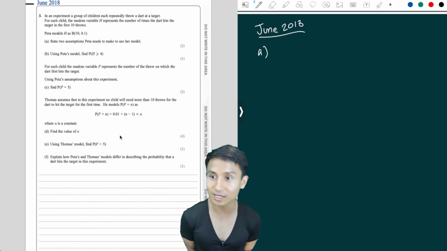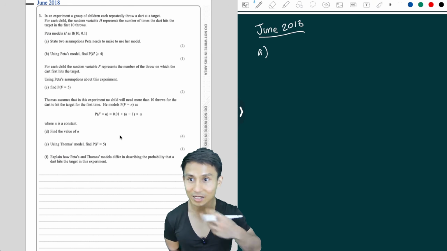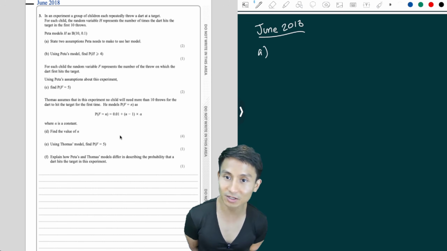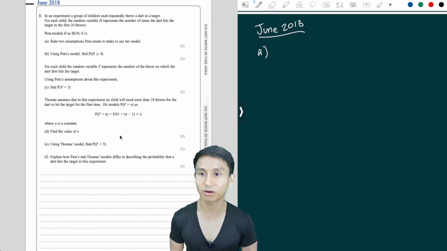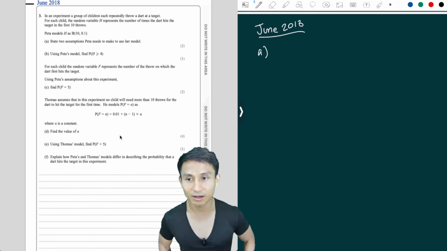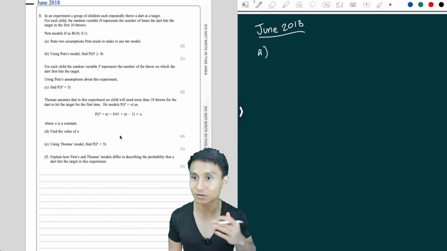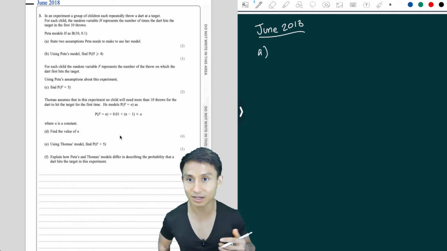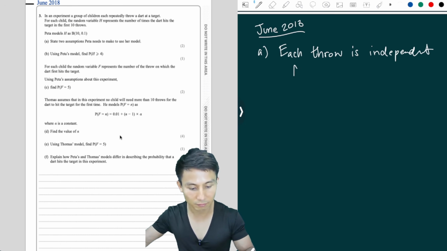So we're just going to do the easy ones first, A and B. So it's just the core assumptions of binomial distribution: the events are independent, but we need to write in context here. So each throw is independent from one another.